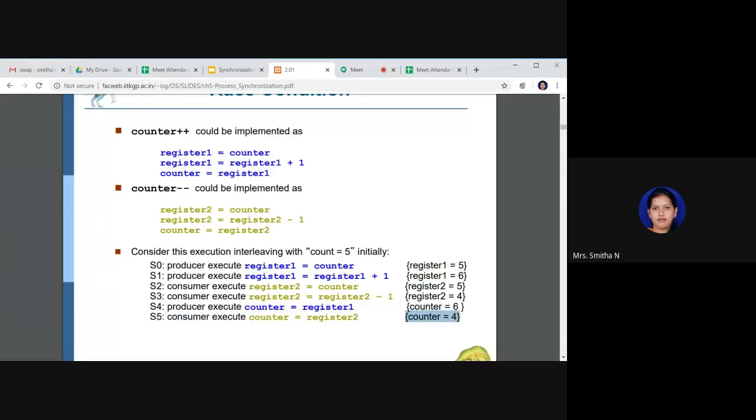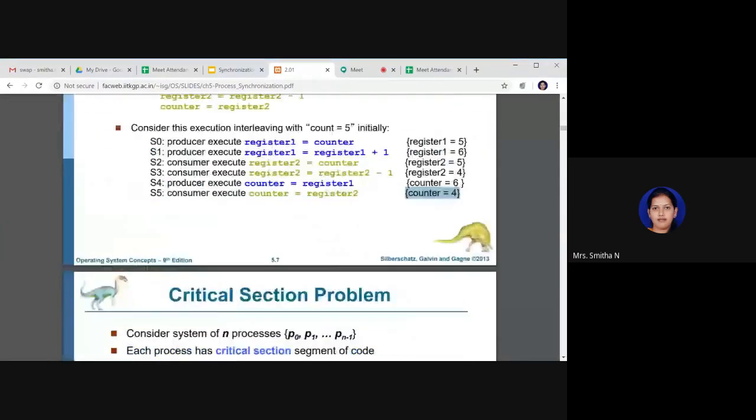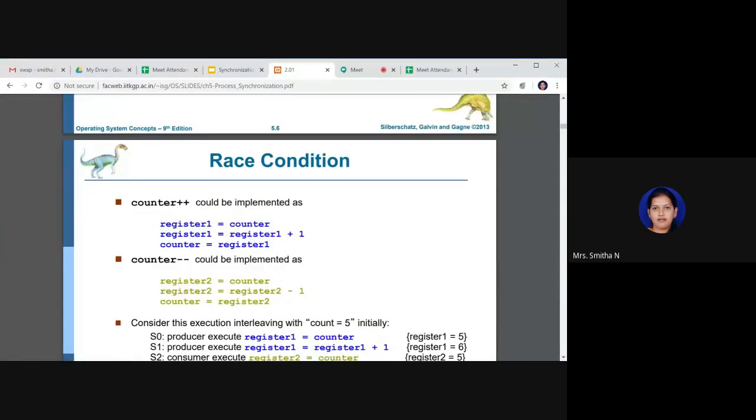Even if you interchange S4 and S5, you will get counter as 6 or 4, but you will not get counter value as 5. Ultimately, we will get the answer as 6 or 4, but not 5. That's a wrong answer. Why we are getting this wrong answer is we are in a situation called a race condition. This situation is called race condition.